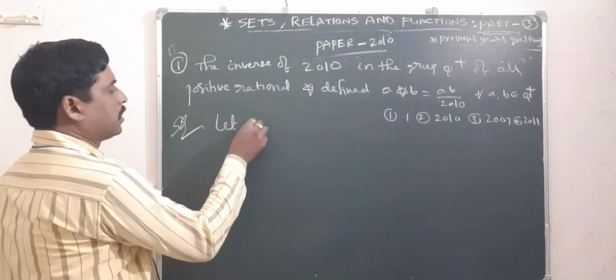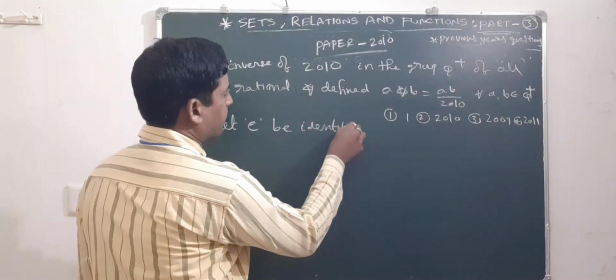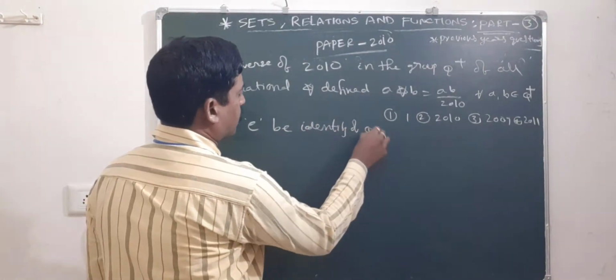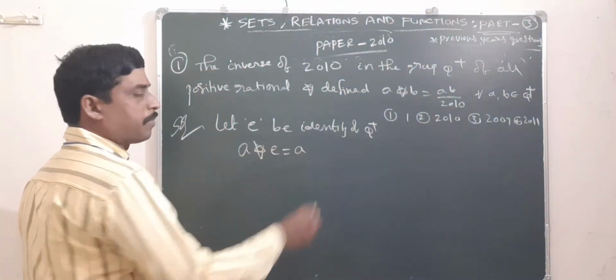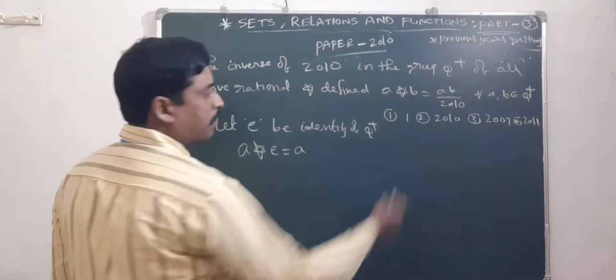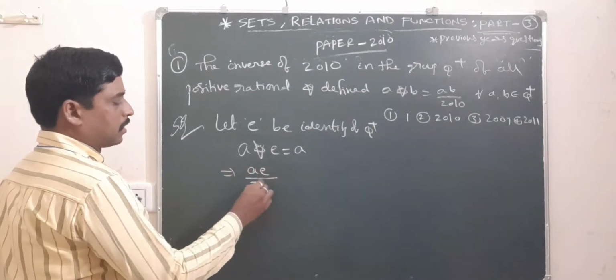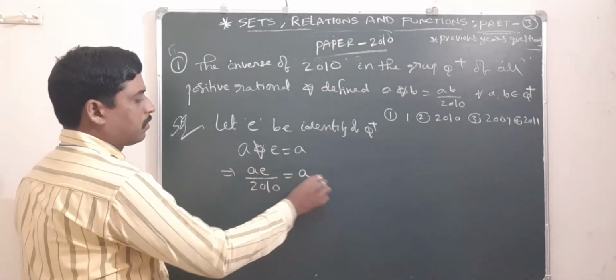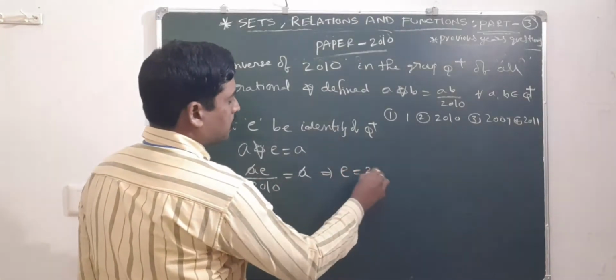Let E be the identity of Q plus. So a star E is equal to a. This is the property of identity. What is given? a star b is ab by 2010. a star E is equal to aE by 2010. This is equal to a.